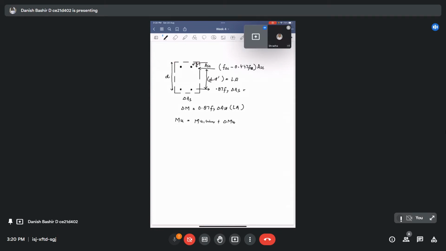So I can write the total PT that I will be providing in the doubly reinforced section will be a summation of limiting steel percentage plus additional steel percentage as compression steel that I will provide, delta PT. And AST I already told you I bifurcated into AST limiting plus delta AST.